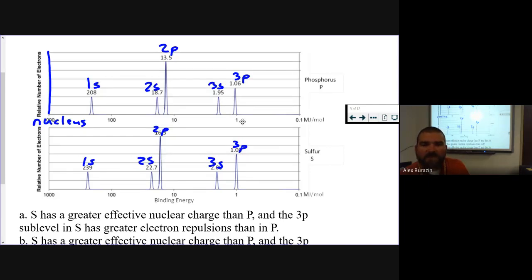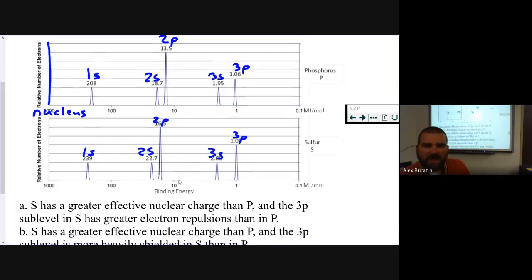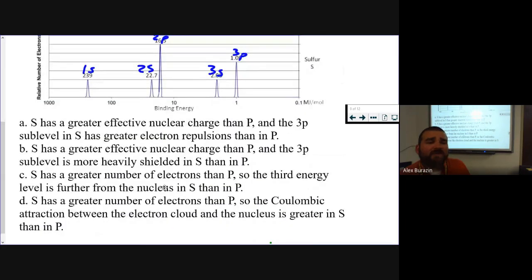But we notice the 3p orbital is the opposite, okay? So let's look at our options down below. Sulfur has a greater effective nuclear charge than phosphorus. Yeah, that's true. That means more protons. There are more protons in sulfur than phosphorus. And the 3p sublevel in sulfur has greater electron repulsions than in phosphorus.